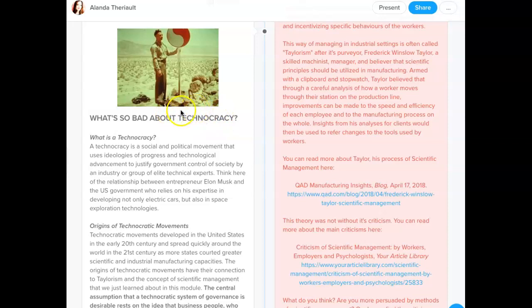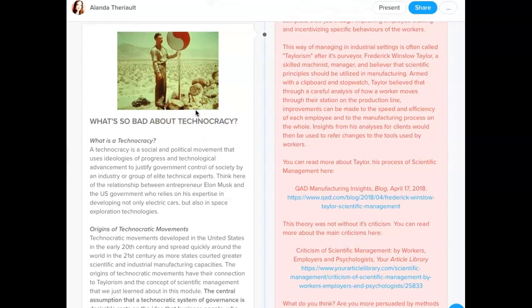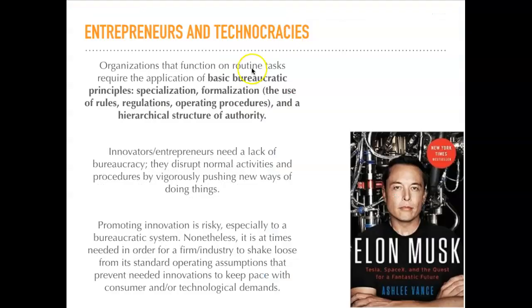So in a few minutes, we're going to return to this as we make our way through the content to see how entrepreneurs and technocracies relate to one another and how they feed off of the need for a lack of bureaucracy.